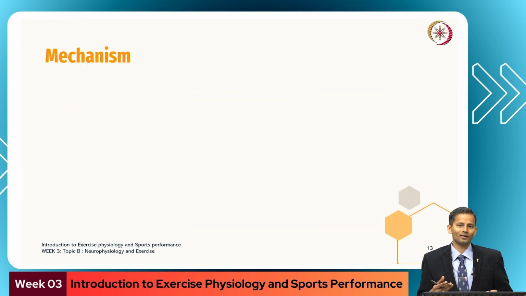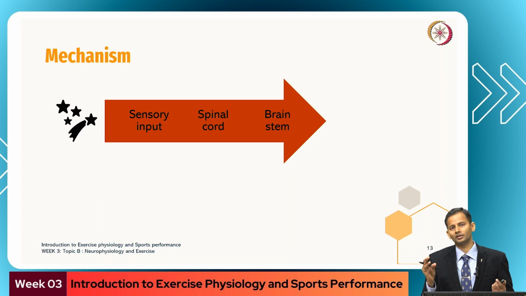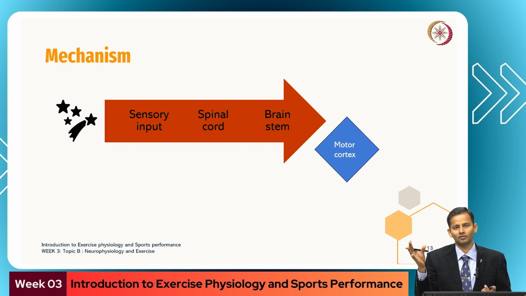So what's the mechanism? If you see the mechanism, it's a very simple flow chart which I am showing you, a schematic view of it. When any sensory input stimulates the afferent neuron, it goes to the spinal cord, traverses the spinal cord to the brainstem. From the brainstem it gets relayed to the cerebral hemisphere, from where it reaches the motor cortex.